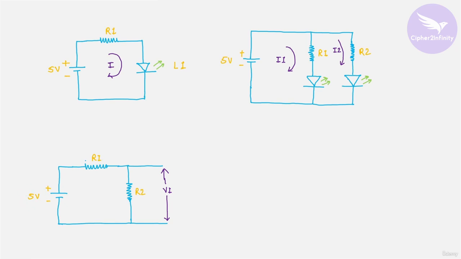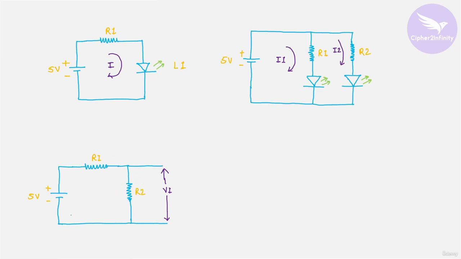Based on the values of R1 and R2, it will be decided how much voltage you will get on the output side, at this point with respect to this point. The 5 volts you see here will be divided: some voltage will drop across R1 and some will drop across R2.